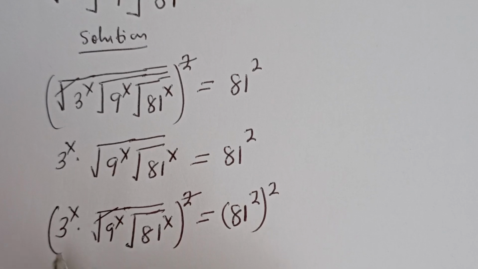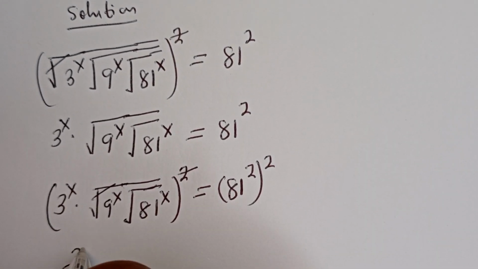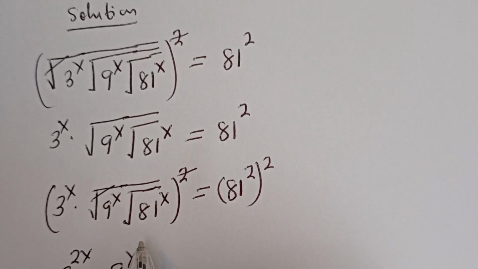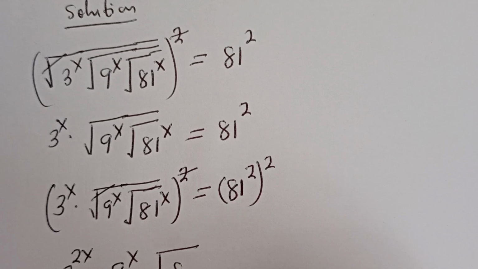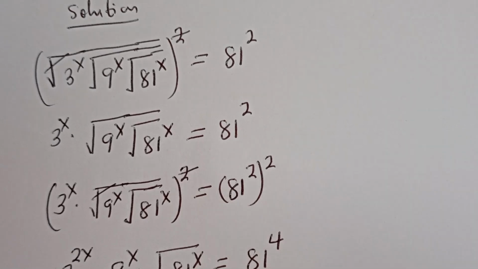We cancel this. Here we have 3 to the power of 2x multiplied by 9 to the power of x multiplied by the square root of 81 to the power of x is equal to 81 to the power of 4.